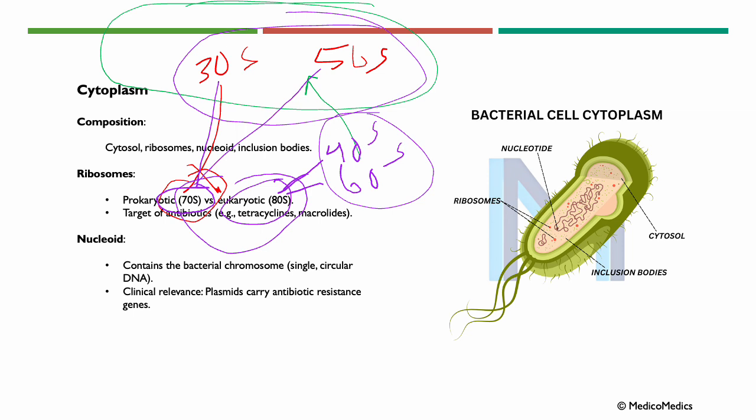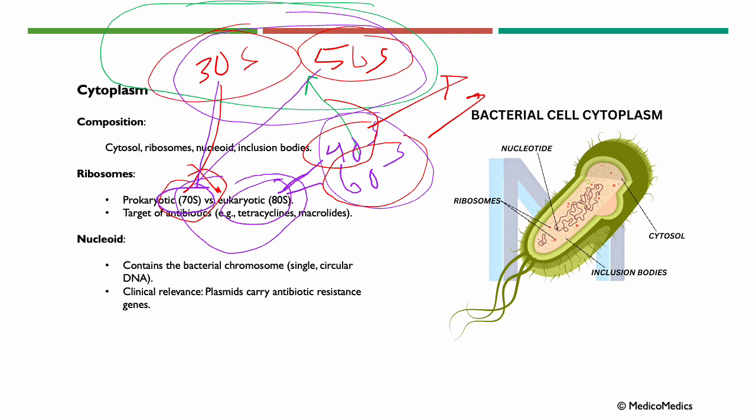Another high yield thing is that the smaller subunit is involved in the messenger RNA process, essentially binding to the messenger RNA to read the genetic code. And the large subunit is where the tRNA molecules bind and amino acids are linked together to form the growing protein chain. And it's similar in prokaryotic as in eukaryotic.